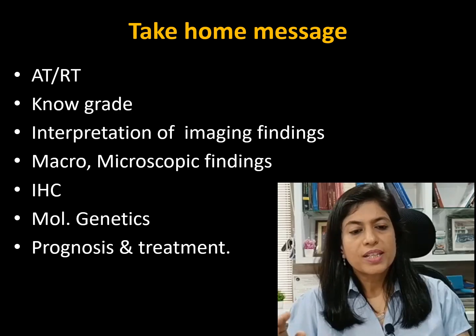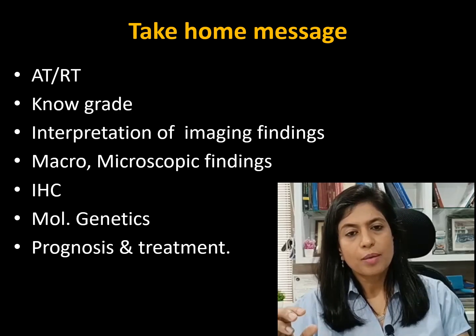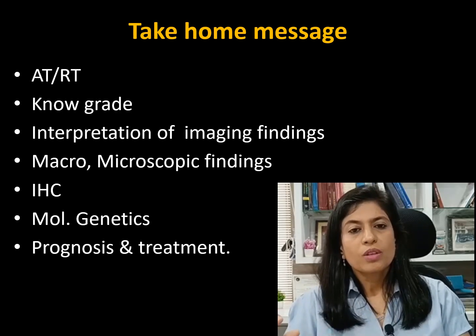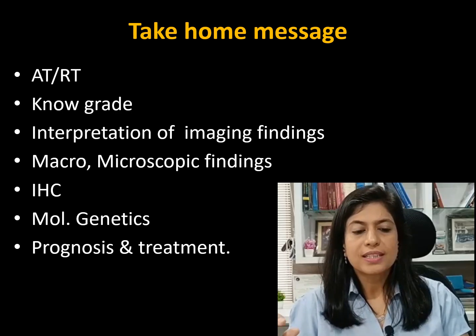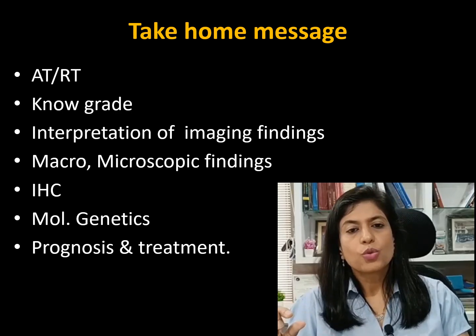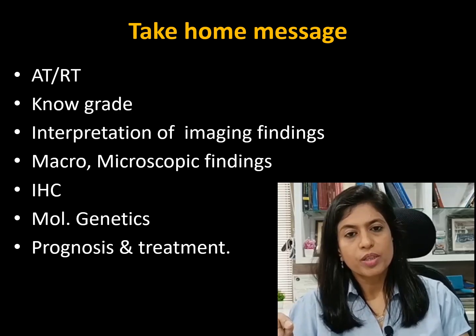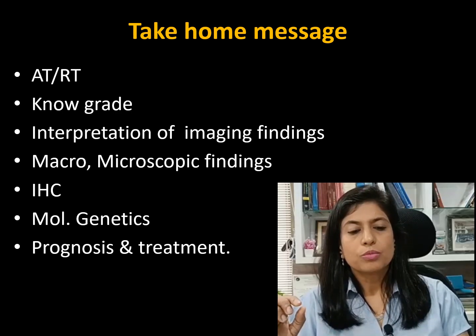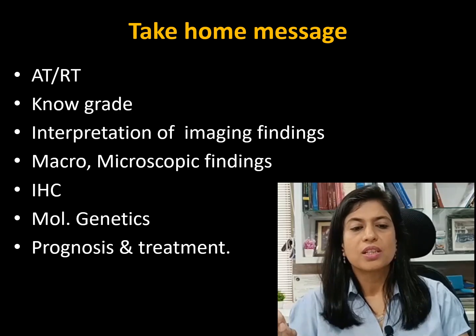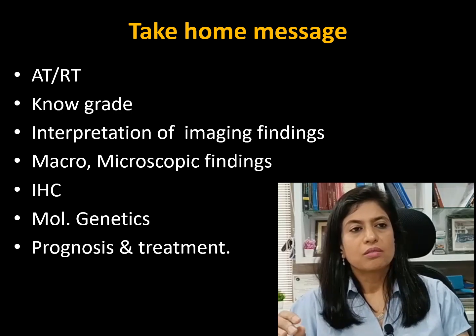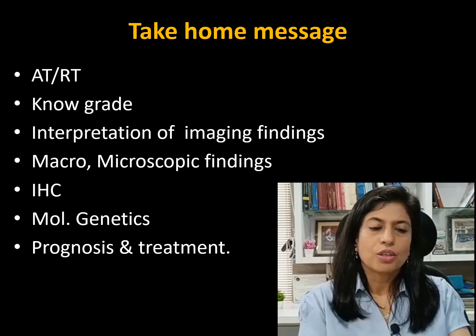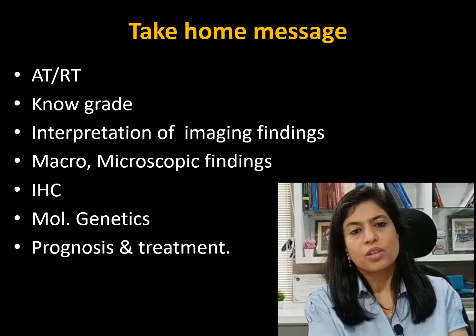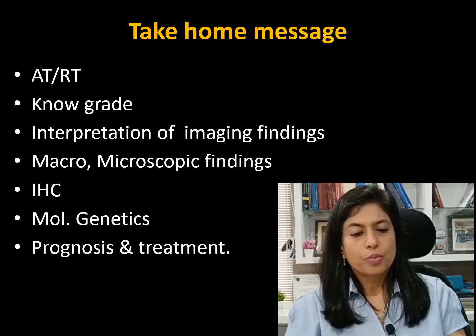The rhabdoid cells may vary from small rhabdoid cells to typically large rhabdoid cells having eccentric nuclei and abundant dense eosinophilic cytoplasm. The nuclei are large, vesicular with prominent nucleoli. Brisk mitotic activity is present. Areas of necrosis and hemorrhages are present. At times there may be glandular differentiation in the tumor as well. Glandular or myxoid stroma may be present.